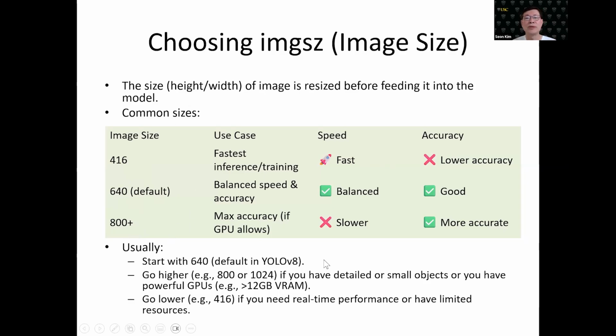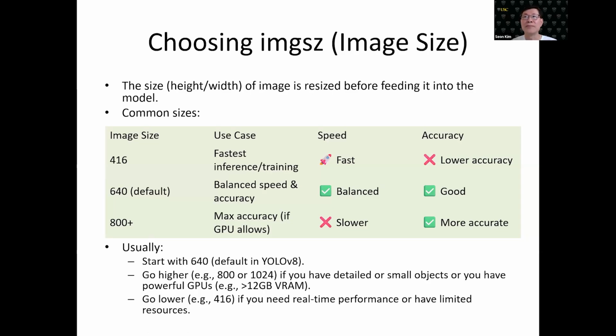And then there are pros and cons. A small image size means the training can be faster, but we can expect lower accuracy, especially for small objects, meaning objects that appear small in the image.